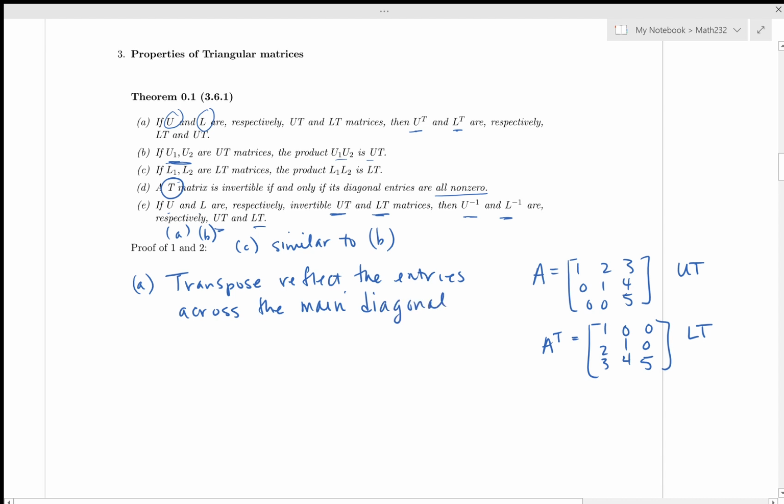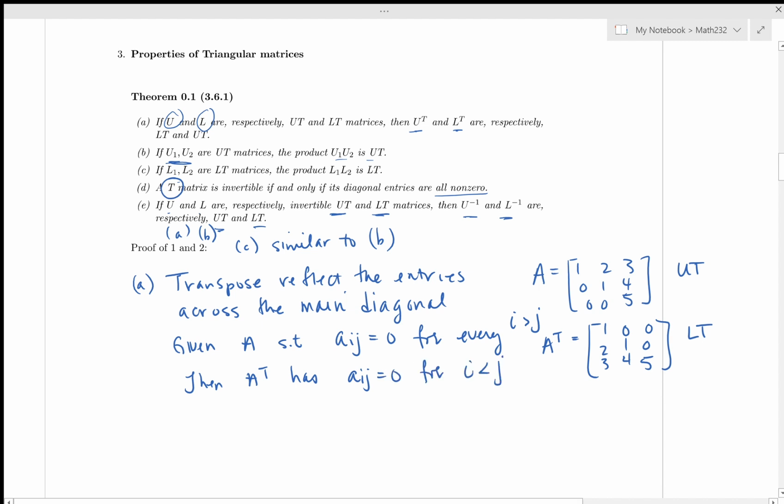Okay, so given A such that A sub ij is 0 for every i greater than j, that's our upper triangular matrix, then A transpose has A sub ij equals 0 for i less than j.